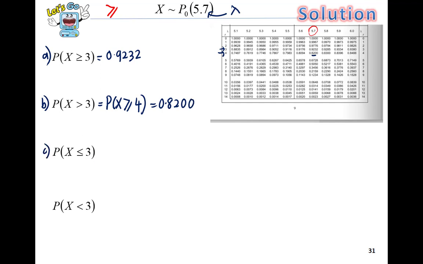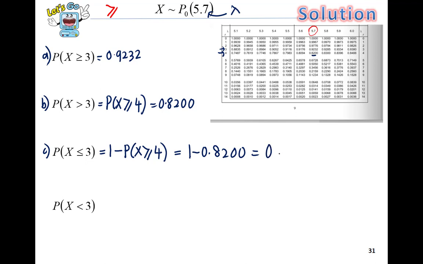Question C, probability X less than or equal to 3. For less than, we are going to do 1 minus the probability of X greater than or equal to. So we are going to reject 4, not 3. We have 1 minus 0.8200.